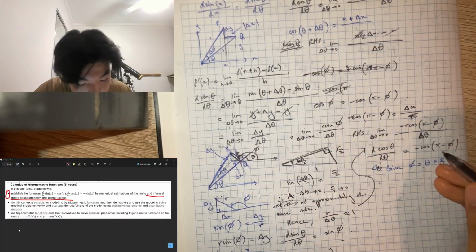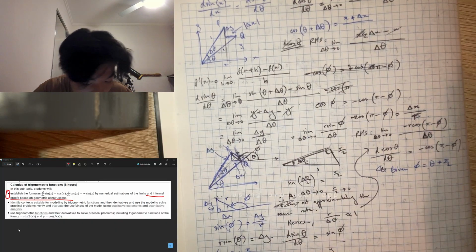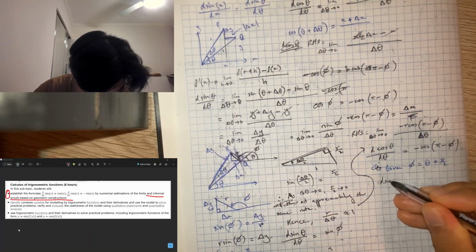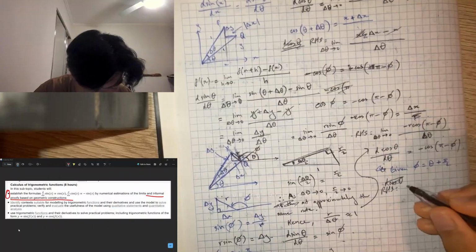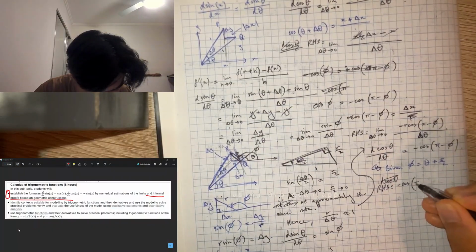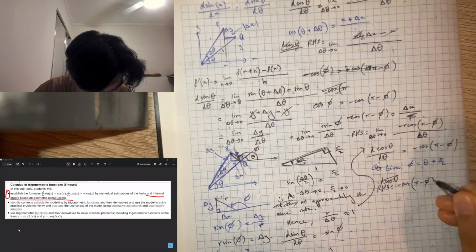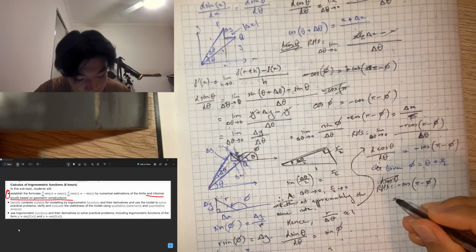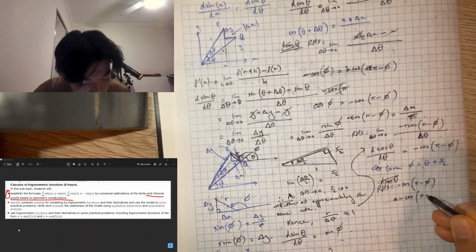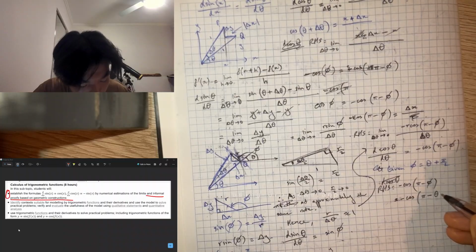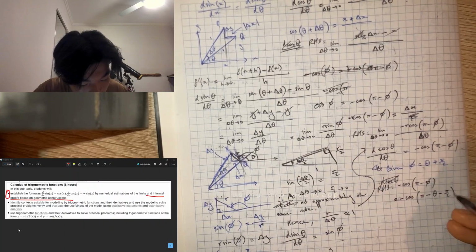So then the angle inside, what does that become? Well, we'll go right hand side. Okay, so negative cosine of pi minus phi equals negative cosine of pi minus theta minus pi over 2, right?